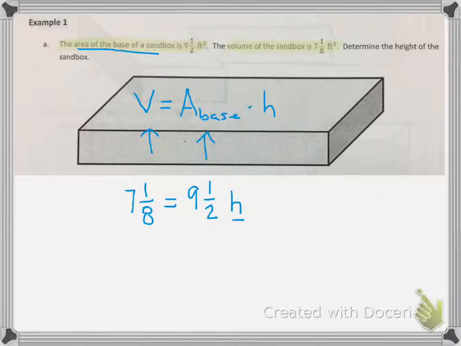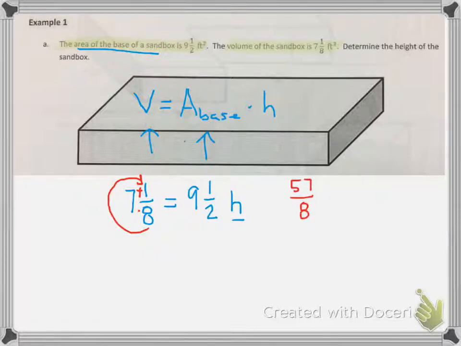So let's change these. I'm going to use the reverse C method to change this from a mixed number into an improper fraction. And the way I do that is I multiply denominator times whole number, and then I add the numerator. So 8 times 7 is 56, plus 1 is 57, and I keep the denominator, 57/8.